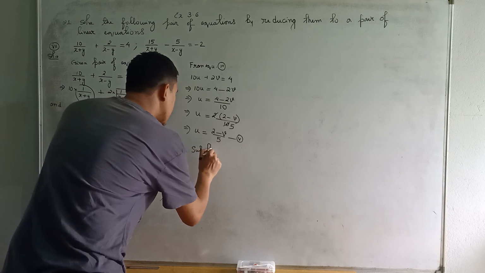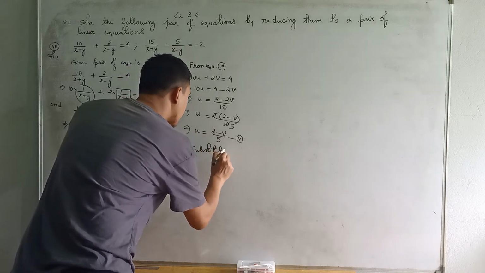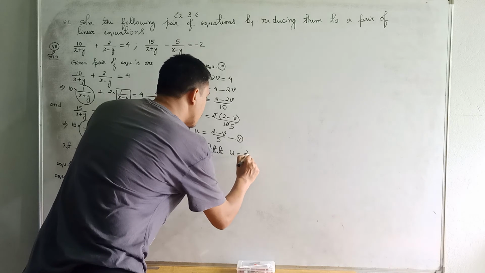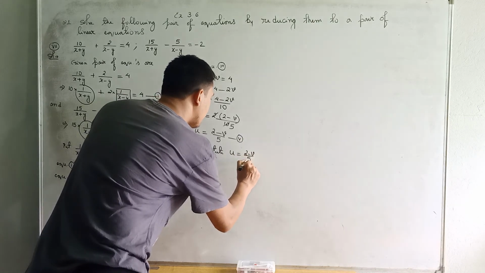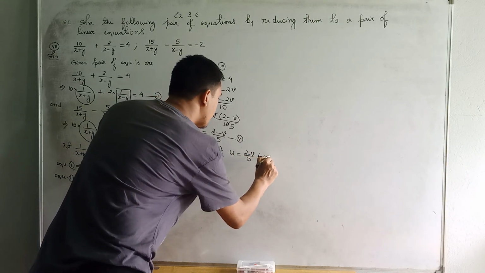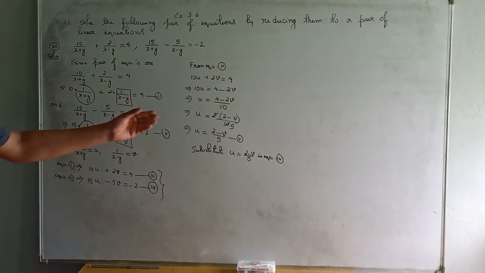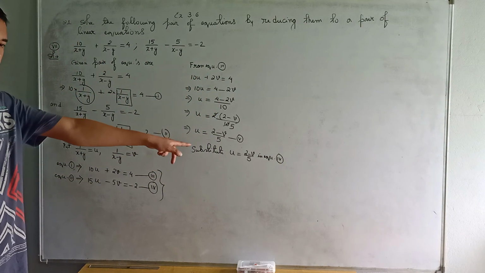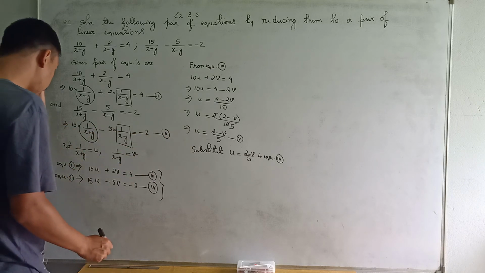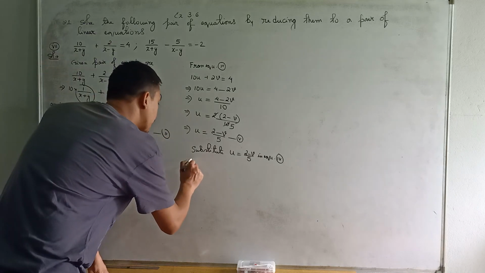So substitute u equals 2 minus v upon 5 in equation 4. Wherever there is u, you just replace it by this quantity. Equation 4 starts with 15u.